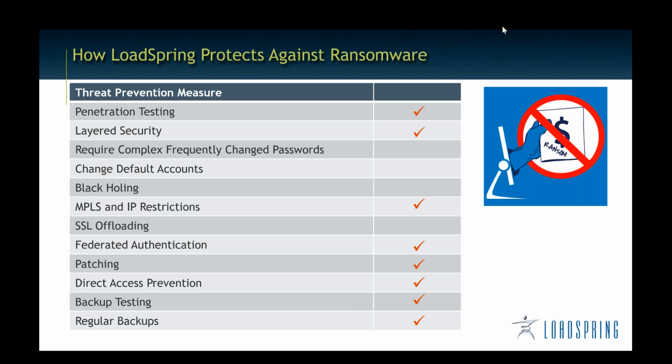So if a payload ever were to get in, it can't phone home and notify the attacker that it successfully penetrated our network, preventing them from then remotely executing or activating that particular payload. So there's a lot of different systems that we have in place to protect against ransomware because it's such an emerging threat here against the integrity of our customers' data and making sure that that integrity remains intact.